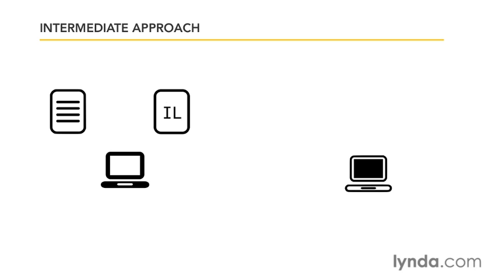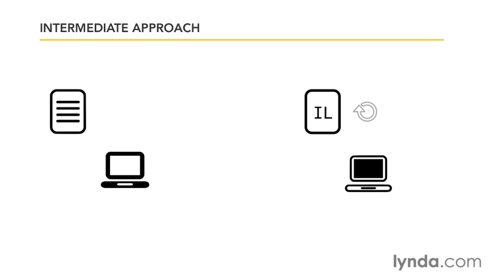You then distribute this, sending it to the people who need to run it, and each person who runs it takes it the last step to take it to machine code on their computers. This is sometimes referred to as just-in-time or JIT compilation. Now, this intermediate language sometimes also goes by the name of bytecode. So this process has to happen somehow. It's just how much of it happens on your machine and how much of it happens on mine.